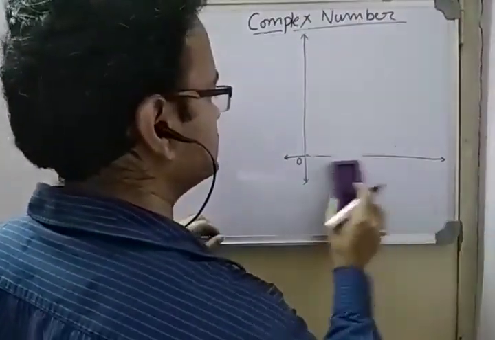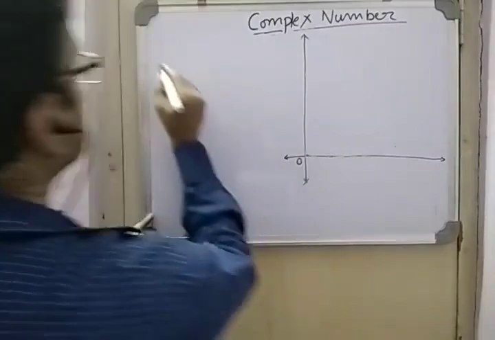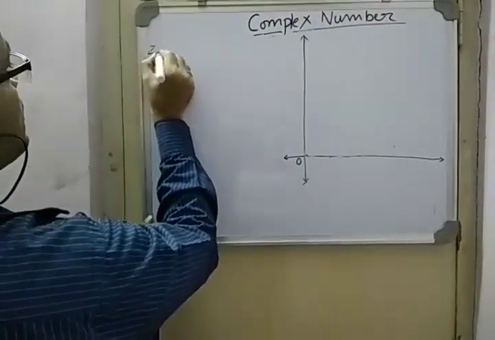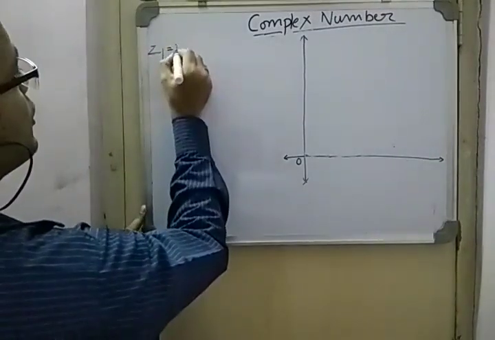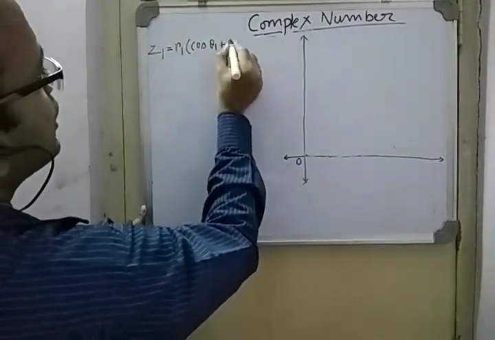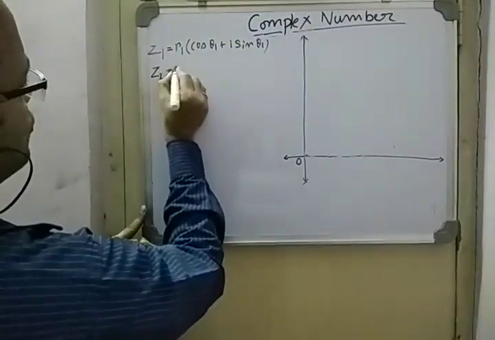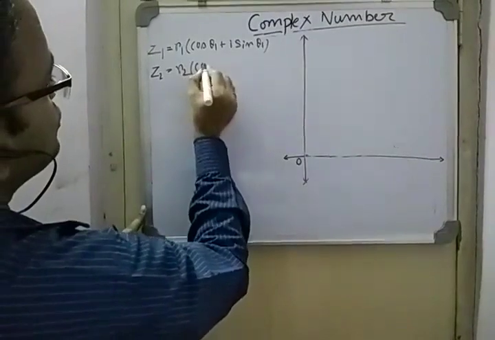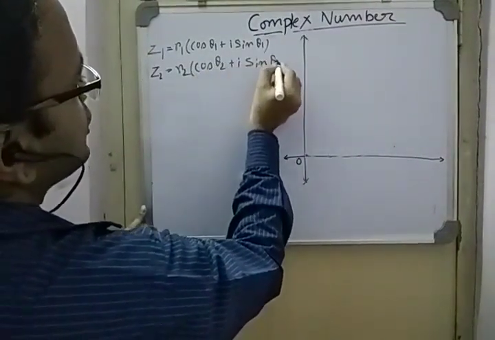Now we will represent Z1 by Z2. In the same way we will write Z1 as R1 cos theta 1 plus I sin theta 1, and Z2 as R2 cos theta 2 plus I sin theta 2.